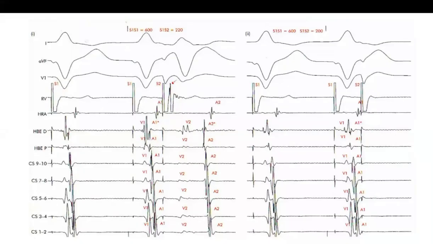This is an example of the refractory period of a tissue. Here the stimulus is S1, then S2. You can see and appreciate the ventricular activity because of the pacing, then recorded ventricular activity, pacing.